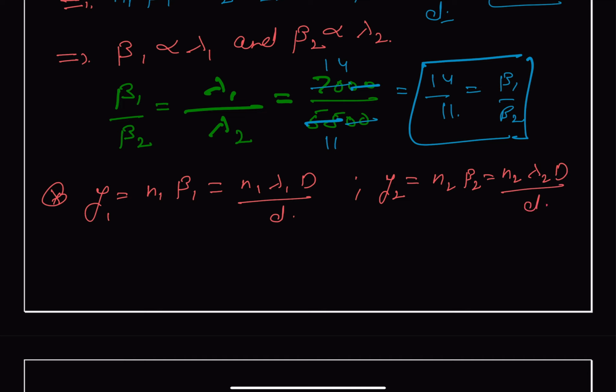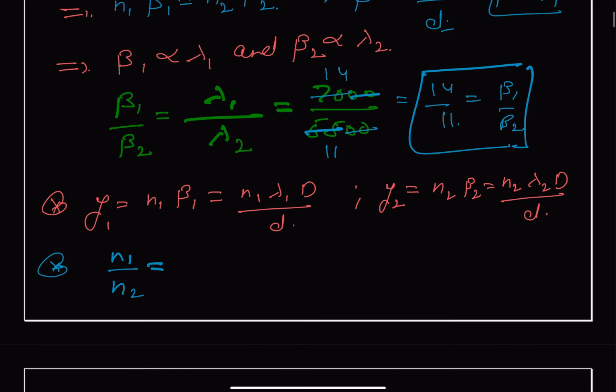Now we have to find the ratio. So n1 upon n2 will be equal to beta 2 upon beta 1, which gives lambda 2 upon lambda 1, and we just found this is 11 by 14. So n1 upon n2 is equal to 11 upon 14.